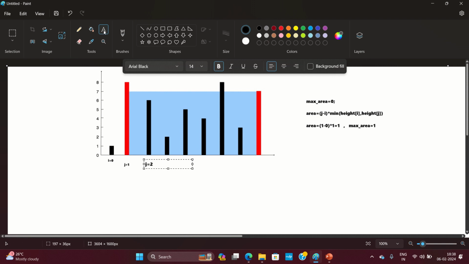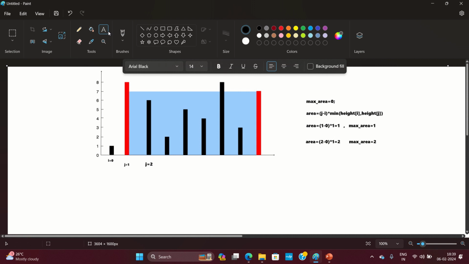So present area, area is equal to 2 minus 0 into 1, that is equal to 2, and max area is equal to, so is 2 greater than the previous max area? Yes, it is. So therefore we store area in this variable.